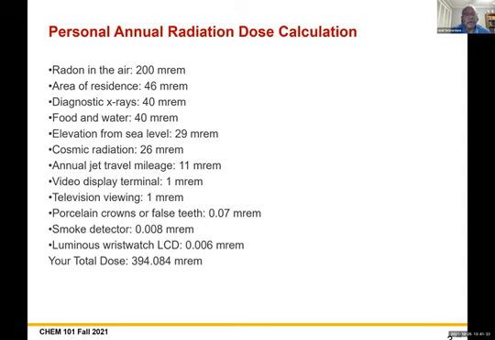Annual jet travel. You fly high, close to the stratosphere, in the troposphere. So that exposes you to a higher radiation dose. Video displays also emit certain radiation. Television viewing, porcelain crowns and false teeth.